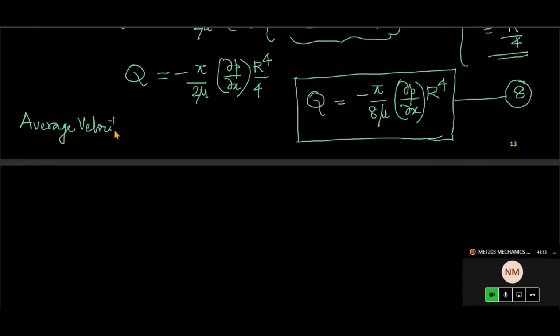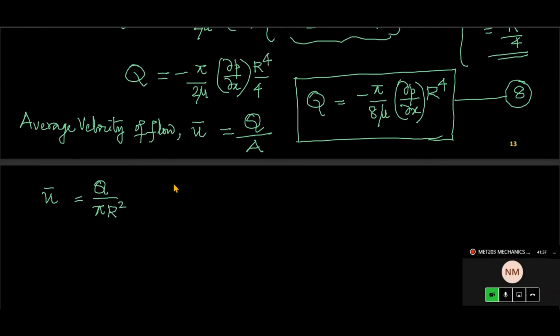Average velocity of flow through the pipe in this viscous case. So U bar, how do we find it out? U bar is equal to Q divided by area. What is the area? Pi into radius square.